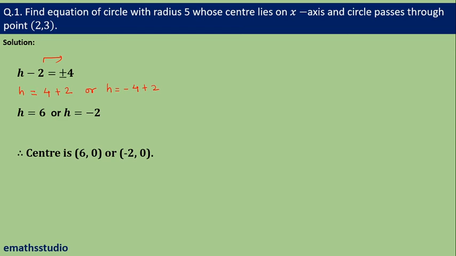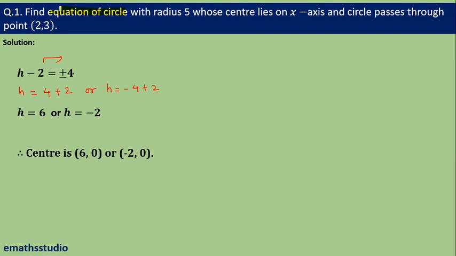Now, the center comes out (6, 0) or (minus 2, 0). As we have considered the center as (h, 0), it becomes either (6, 0) or (minus 2, 0). Now, what next can we do? See, they are asking us to determine the equation of the circle. If you observe, it is the equation of the circle to be obtained.